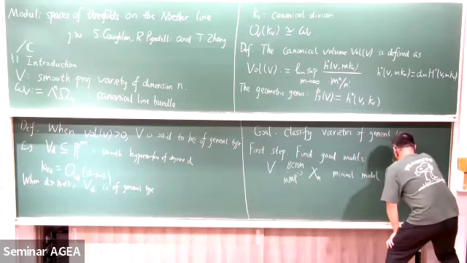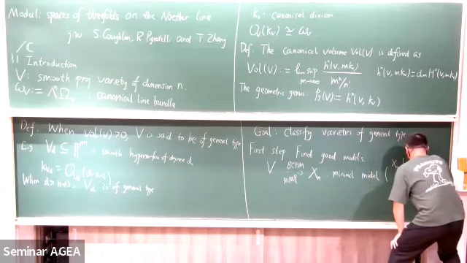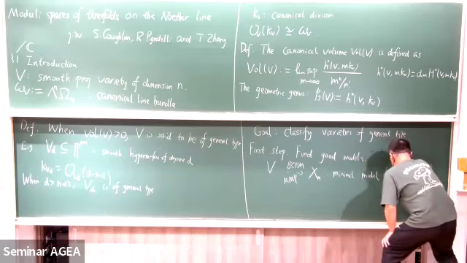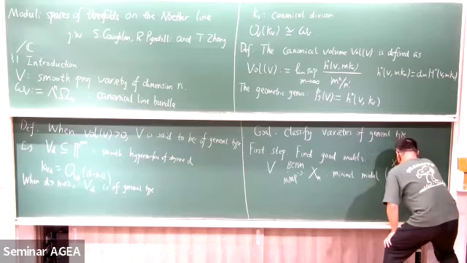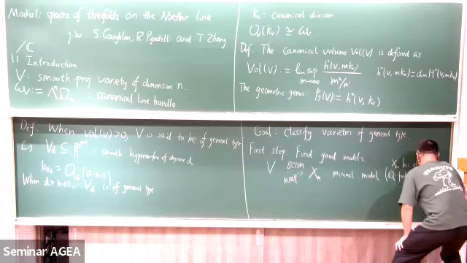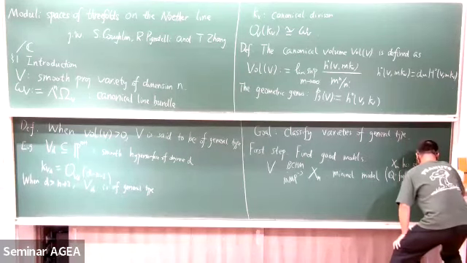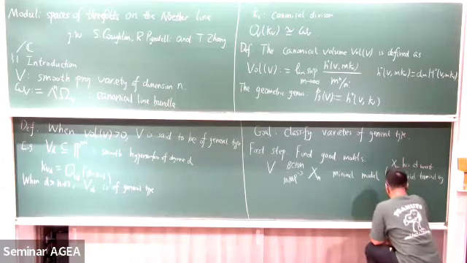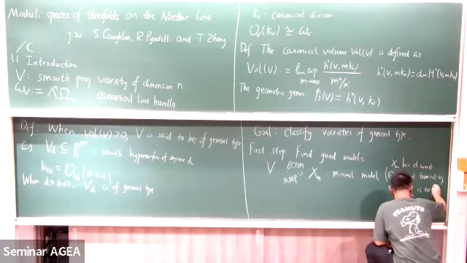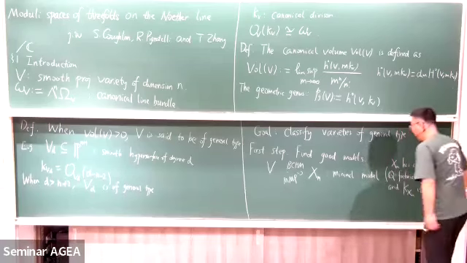The minimal model X_m has at worst Q-factorial terminal singularities, and the canonical divisor is nef.